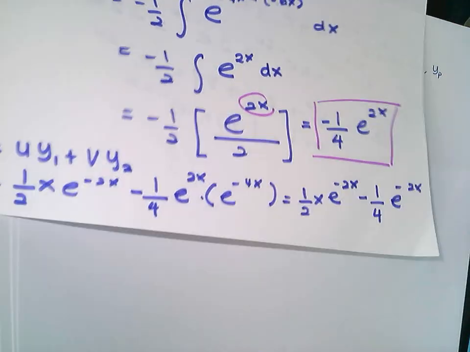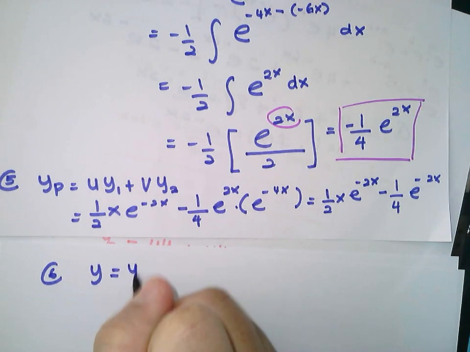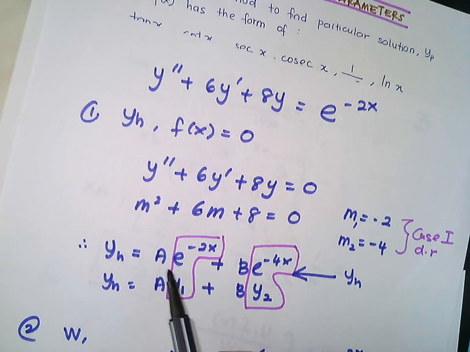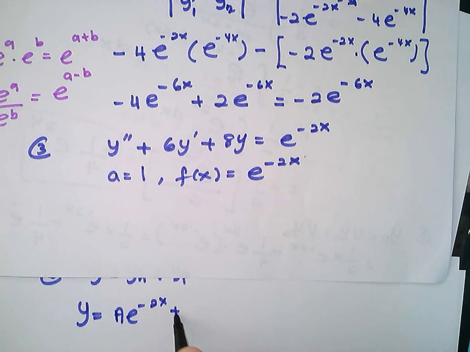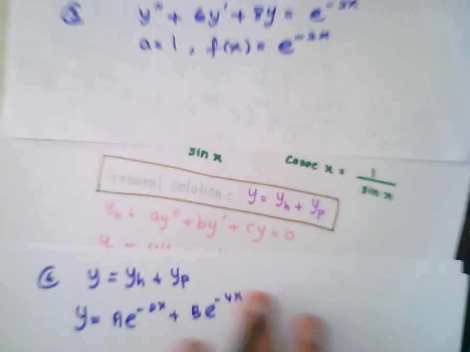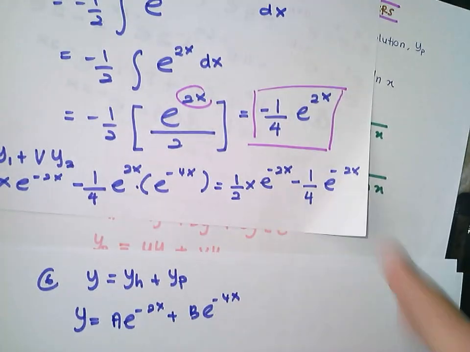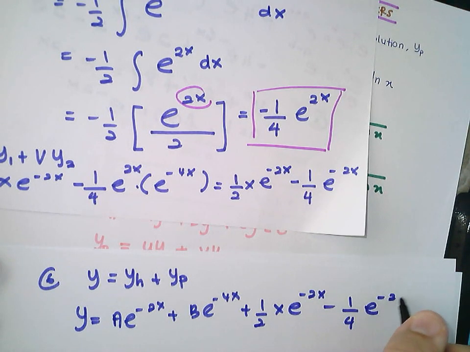The last step, write your general solution as y is equal to yh plus yp. Your yh is the whole thing: c e negative 2x plus b e negative 4x, and your yp is the one that you just got in the previous step, plus 1 over 2x e negative 2x minus 1 over 4 exponent negative 2x.